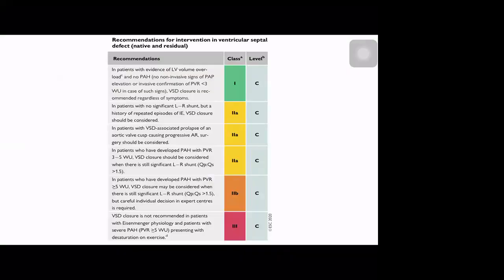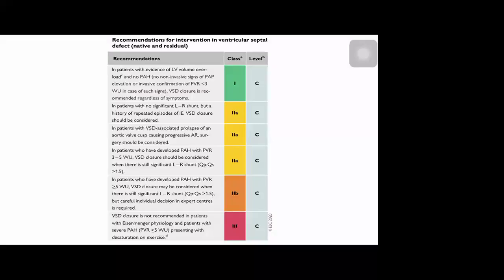Coming to the guidelines of the European Society of Cardiology about the operability of the VSD, it is the guideline about adult congenital heart disease, but it can be applied to the pediatric age group also. So, what is the class 1 indication?